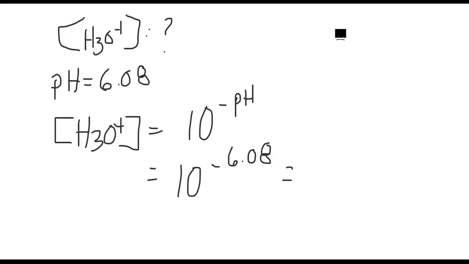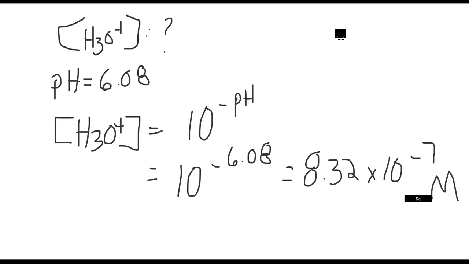I get 8.32. How many sig figs are we looking at? It looks like 3. 8.32 times 10 to the negative 1, 2, 3, 4, 5, 6, 7. Negative 7th is what I'm getting. And since it's concentration, it's a capital M for molarity.